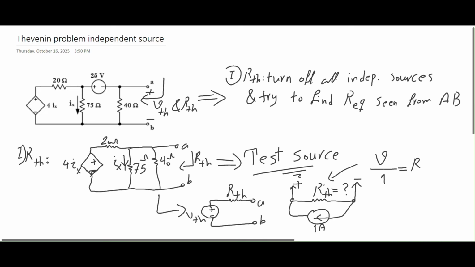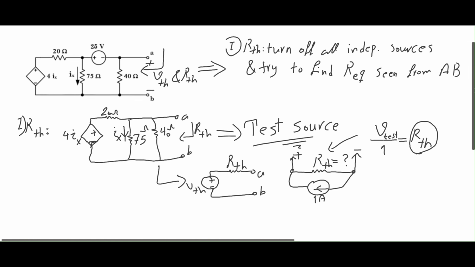This voltage is the same voltage across the Thevenin resistor, so I'm going to call it the test voltage divided by 1. Whatever the value of this voltage is, it helps me find the Thevenin resistor. I'm going to apply this method to this circuit now.